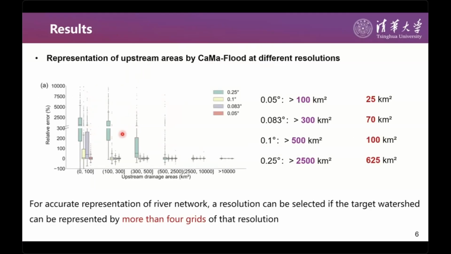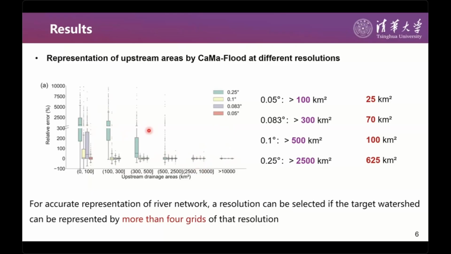We first classify the relative area of the upstream drainage areas in the CaMa-Flood model according to the observed upstream drainage areas. The results show that for the large reaches, that is, the observed upstream drainage areas greater than 2,500 square kilometers, the relative area of the upstream drainage areas for most stations at all resolutions was within 20%.